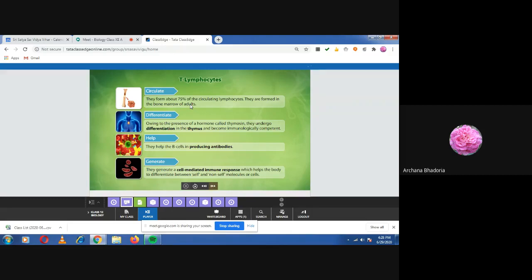That way it is correct that formation तो वहीं होगा, but differentiation कहाँ होगा? Where will the differentiation and maturation take place? Thymus. Differentiation will take place in the thymus. Now, what do they do? They help the B cells in producing antibodies.